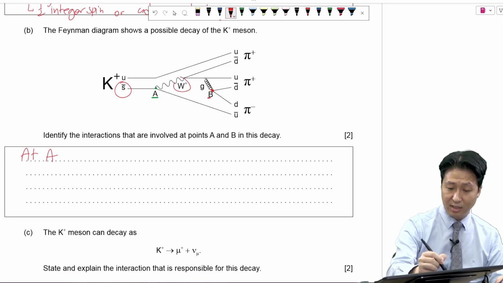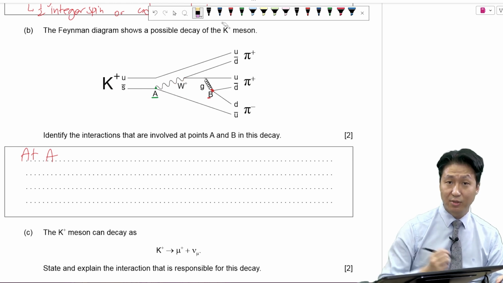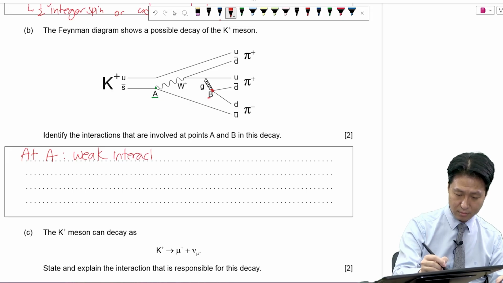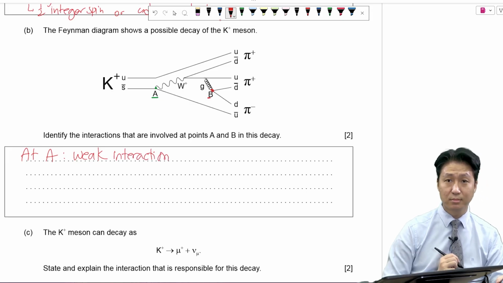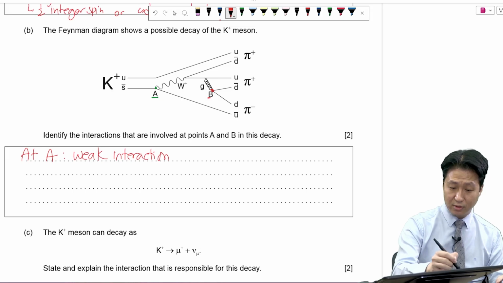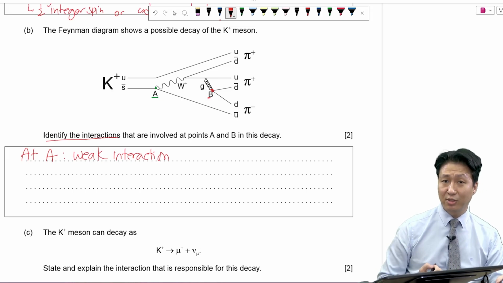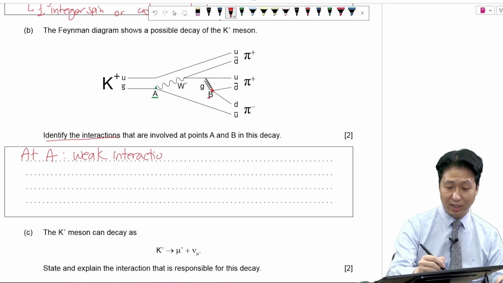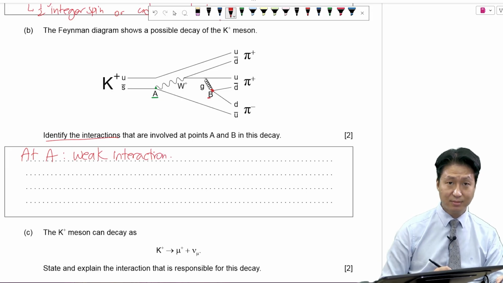It emits a positive W boson, right? So if it emits a positive boson, this is, number one, a weak interaction. So when it says identify interactions, you have to either say strong, weak, or electromagnetic. There are, unfortunately, no gravitational interactions in the standard model.